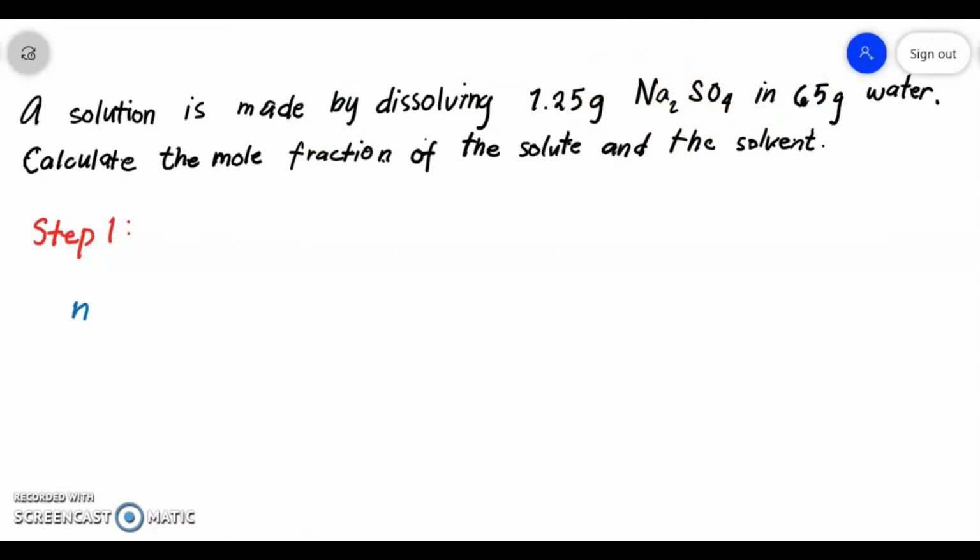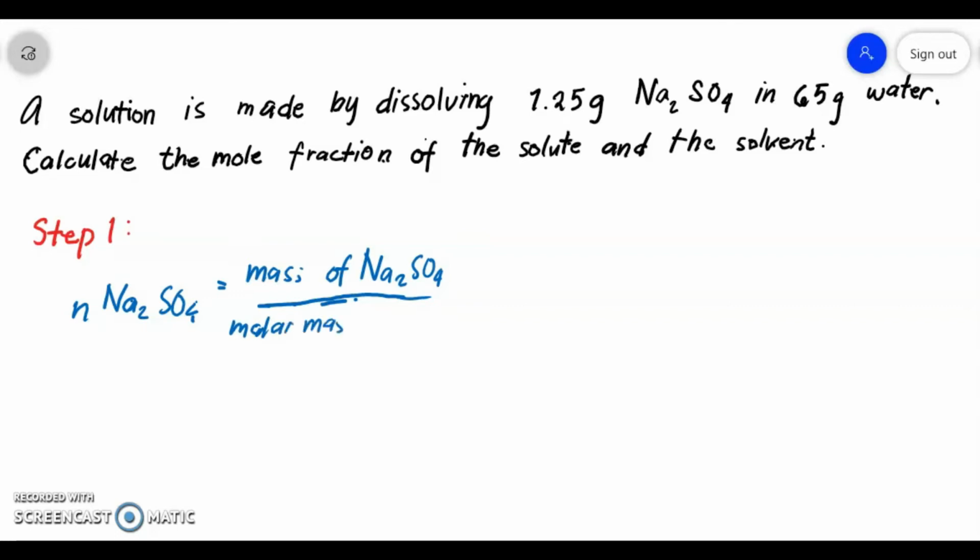So we have the number of moles of Na2SO4 equal to the mass of the solute, Na2SO4, divided by the molar mass of the solute.